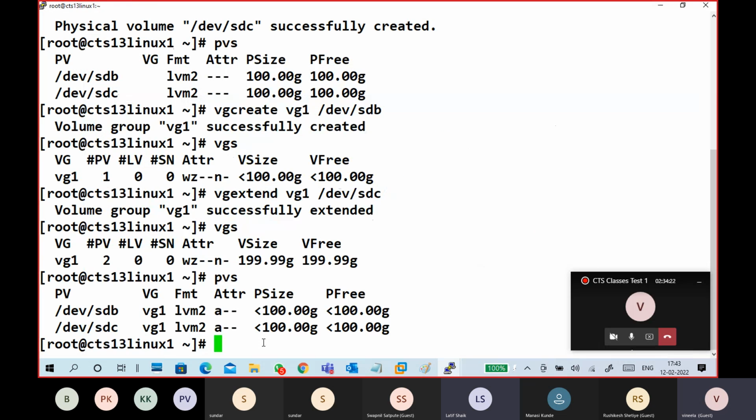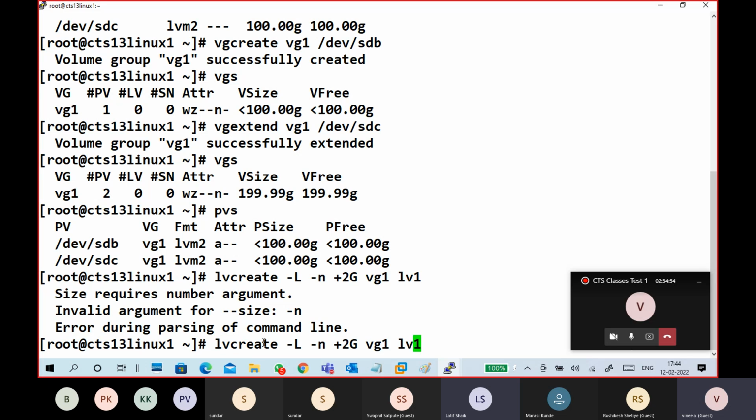So the command is lvcreate. lvcreate, hyphen capital L is the logical volume size, hyphen n is the name, plus 2G. So we should give VG1 LV1. I think there is a mistake.